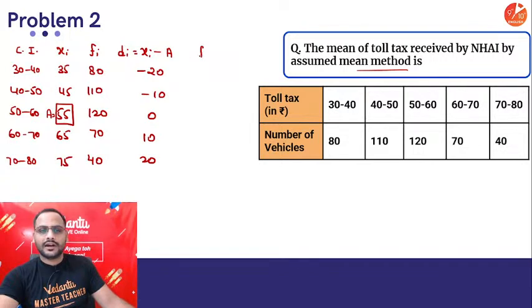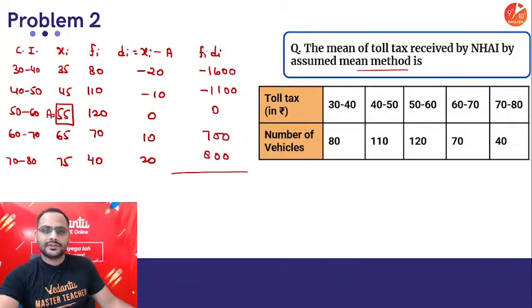Then you'll move ahead with fi into di. Minus 20 into 80 is minus 1600. 110 into minus 10 is minus 1100. 0 into 120 is 0. This is 700, and 40 into 20 is 800.